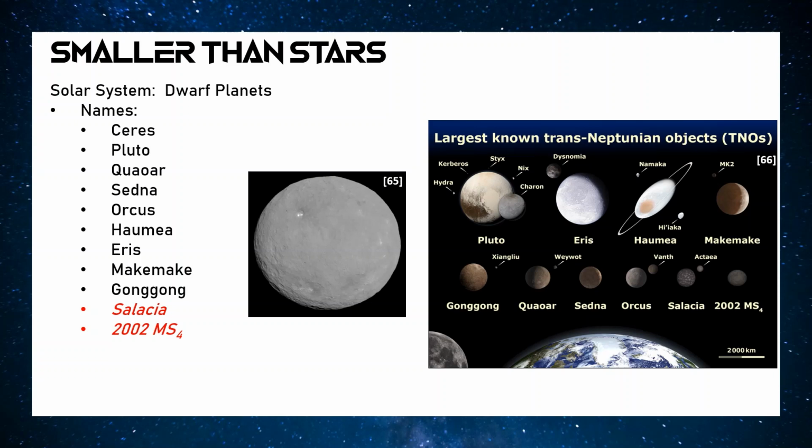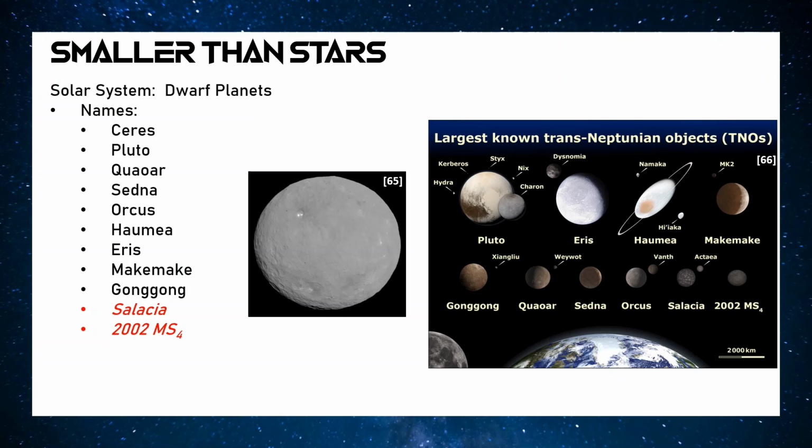First of all, there's Ceres, which is in the asteroid belt between the orbits of Mars and Jupiter. The rest are actually trans-Neptunian objects, found out beyond Neptune most of the time. So there's Pluto, of course, found here. There's also Quaoar, Sedna, Orcus, Haumea. We see these here.